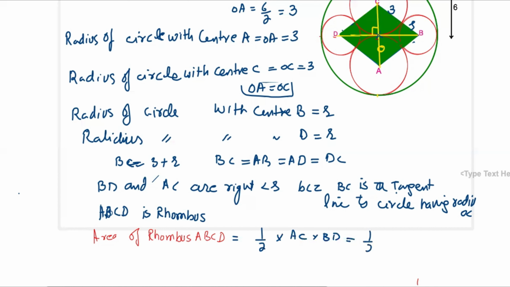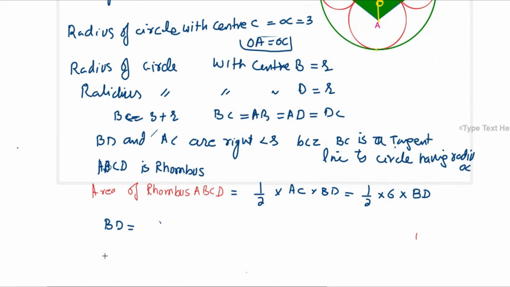Therefore, we can write it as 1 over 2, 3 plus 3 is 6, into BD. So BD will be equal to OD plus OB, and OD and OB are equal. Therefore, BD is equal to OD plus OD, that's equal to 2 times OD.